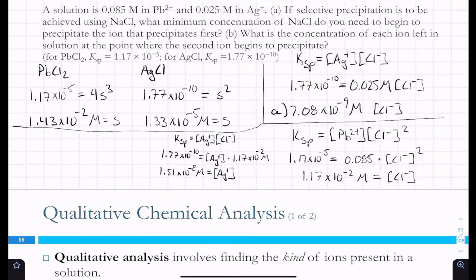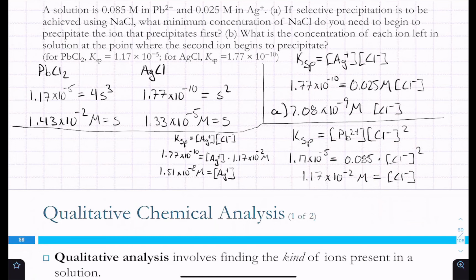So when we set this up, this was the Ksp, the concentration of lead. And we're trying to find what the equilibrium is when we have this much lead, how much chloride we would have to be at equilibrium here. So saying Ksp is where we want to be, we're going to that point. So this squared times the lead concentration equals Ksp, which is the equilibrium.